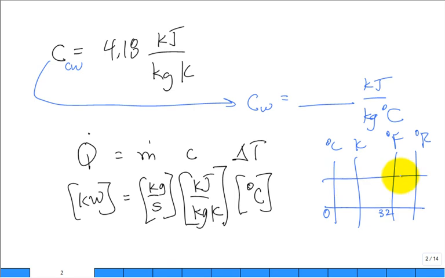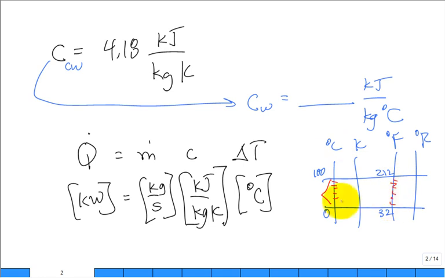Where water boils at 1 atm: 100 on that scale, 212 on that scale. The temperature increments are 100 between the same hot and cold, and 180 on the other.